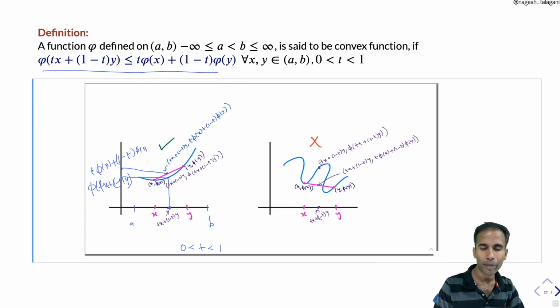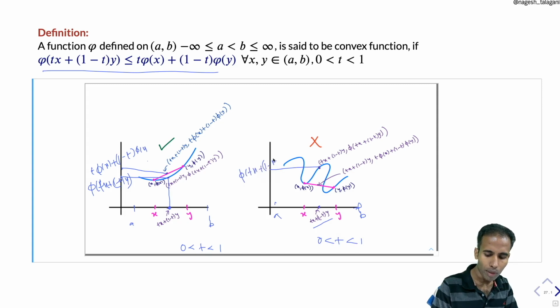Okay, let me explain why the second one is not convex. Let's say between a and b, for 0 less than t less than 1, this is tx plus (1 minus t)y. On the graph, its image is going to be this one, phi of tx plus (1 minus t)y.